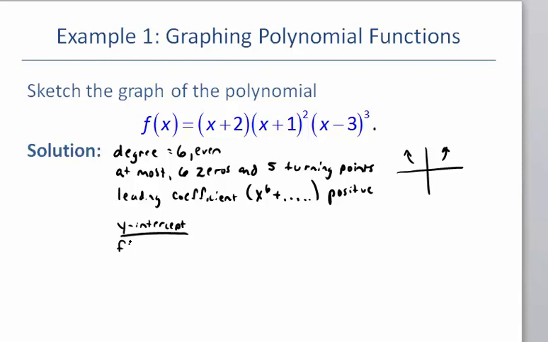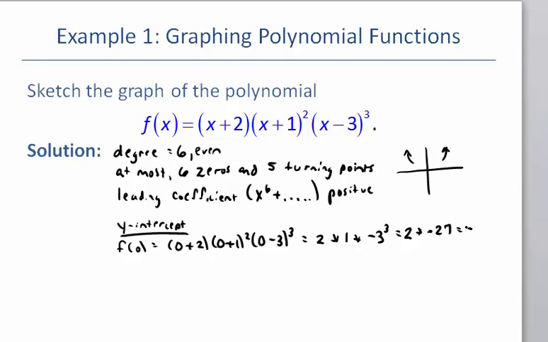So we would say f of 0 is equal to (0 plus 2)(0 plus 1) squared (0 minus 3) to the 3rd. So that's going to be 2 times 1 times negative 3 to the 3rd, which gives you 2 times negative 27, which is negative 54. So we know that the y-intercept would be (0, -54).